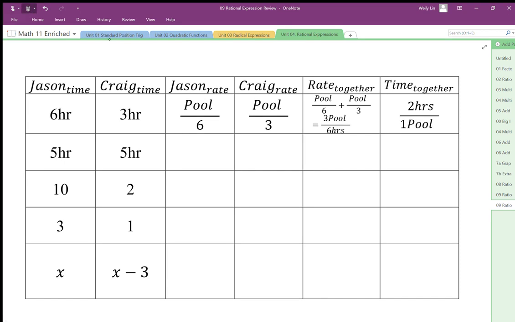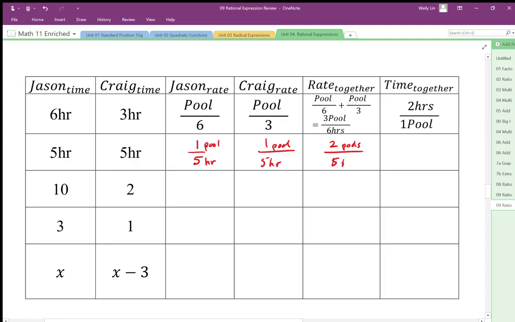I'm just going to do this in red. It will fill one pool in 5 hours. That's my rate. And I have one pool in 5 hours for Craig. That's our rate. If I add them together, I get two pools in the same 5 hours.